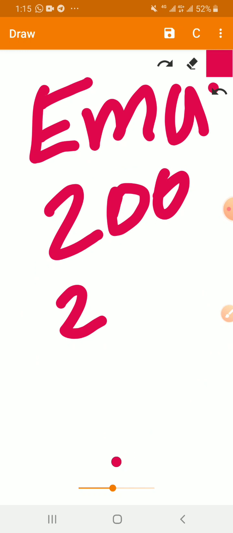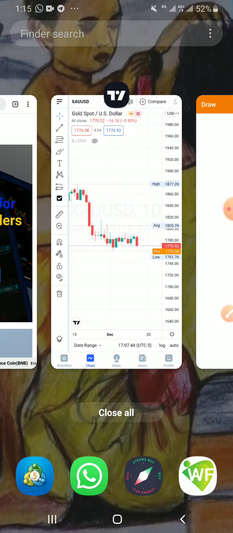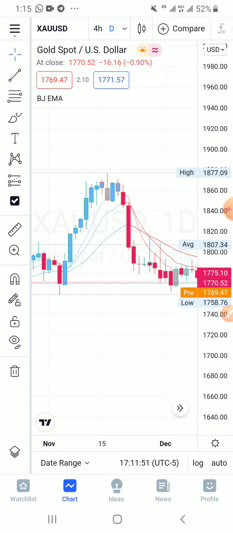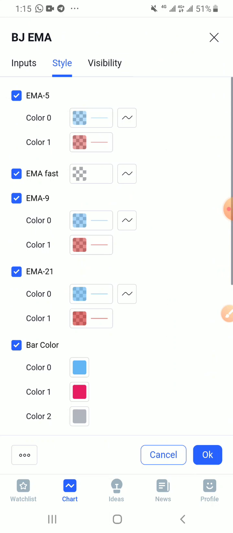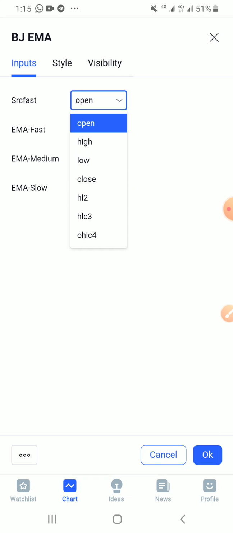So now let us go to TradingView and see how I will detect it. I'm using one indicator that is called BJEMA, because you can get multiple indicators at one time. So I'm using 3 moving averages right now.